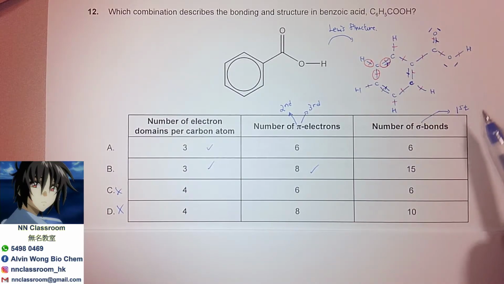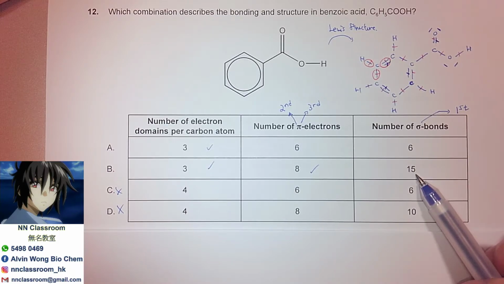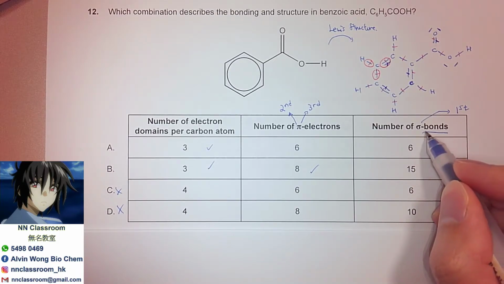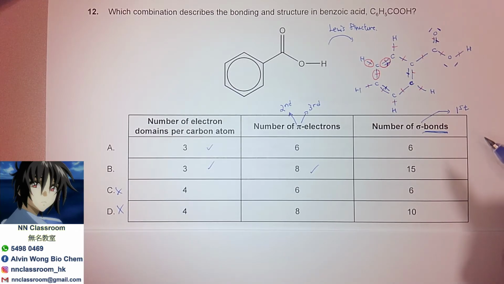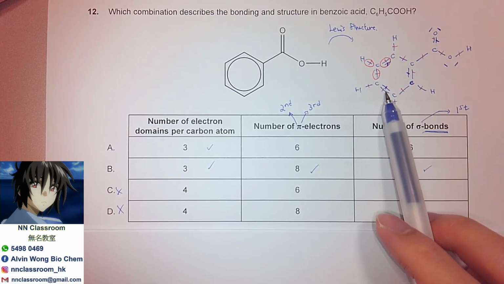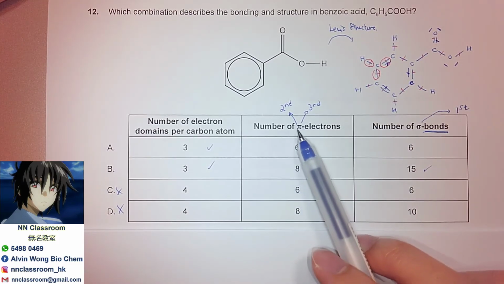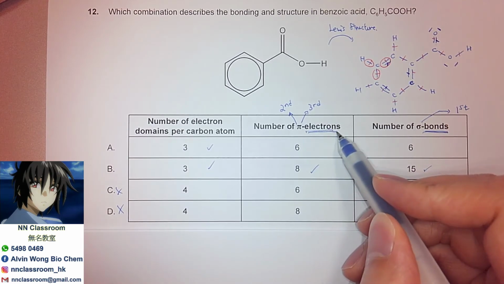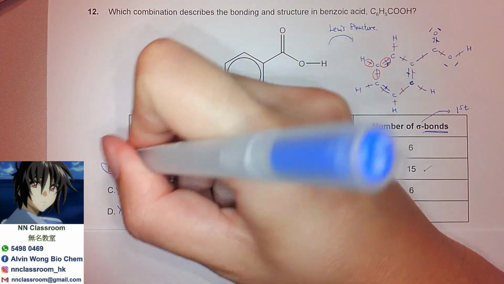The first bond, which is going to be 15, and this time they're asking for bonds, so we don't need to multiply by 2 in counting the electrons. So simply 15 sigma bonds, but 4 pi bonds, so 8 pi electrons, right? So the combination that is correct is B.